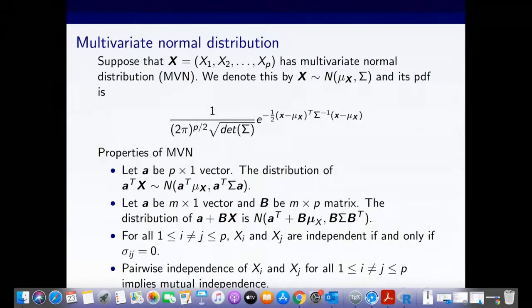Okay, so A transpose is 1 by p, and here X is p by 1.